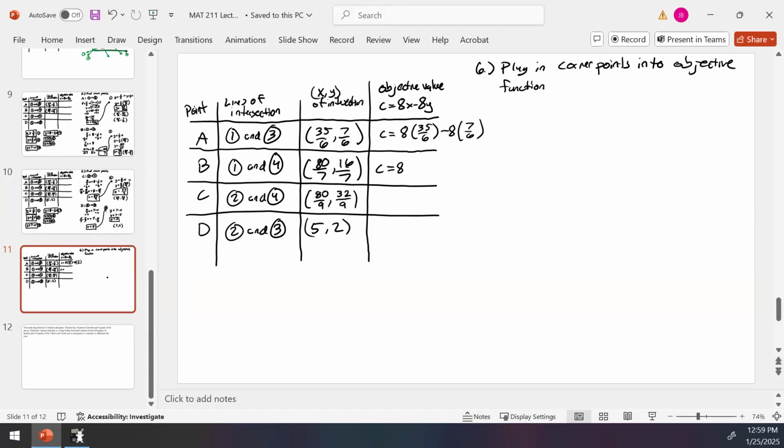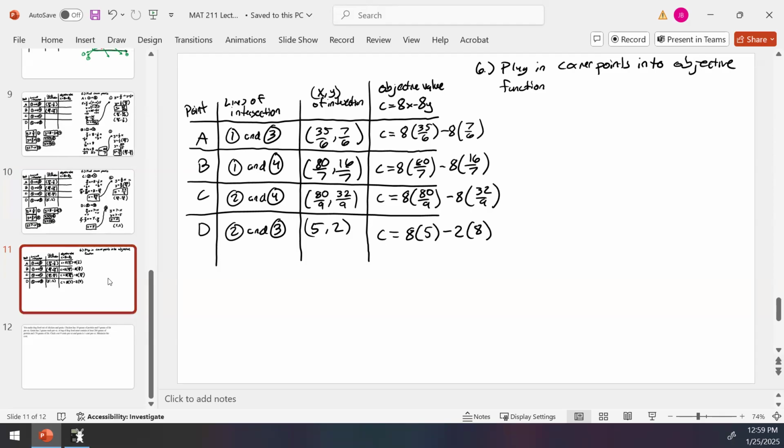C is equal to 8 times 80 over 7 minus 8 times 16 over 7. C is equal to 8 times 80 over 9 minus 8 times 32 over 9. And then C is equal to 8 times 5 minus 2 times 8.